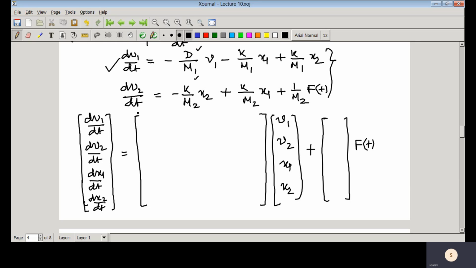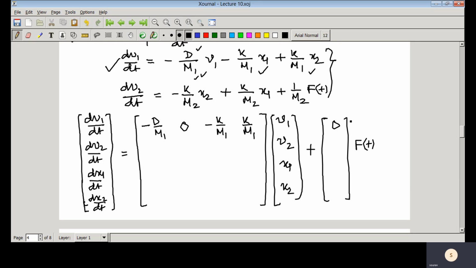So dv1 by dt, that is v1, so minus d by m1, this term, then v2, so there is no v2 term, this one, and then this term, that is minus k by m1, and the last term is k by m1.